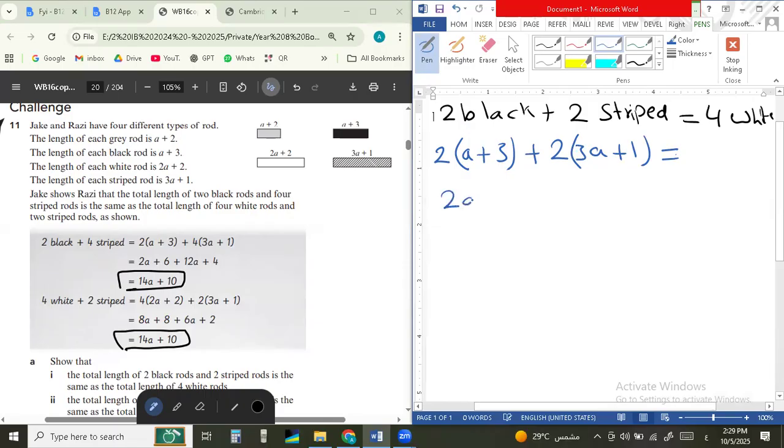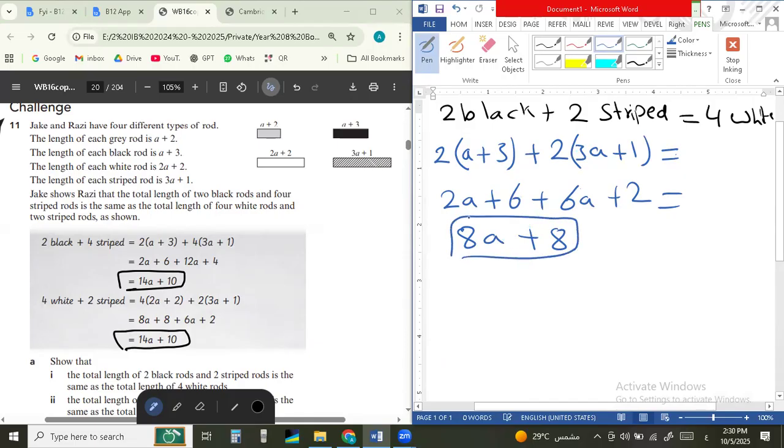Expanding is 2A plus 6 plus 6A plus 2 equals 8A plus 8. 2A and 6A is 8A. 6 plus 2 is 8. Now let's see about the 4 white. 4 white, let's get back to blue, means 4 multiplied by 2A plus 2.